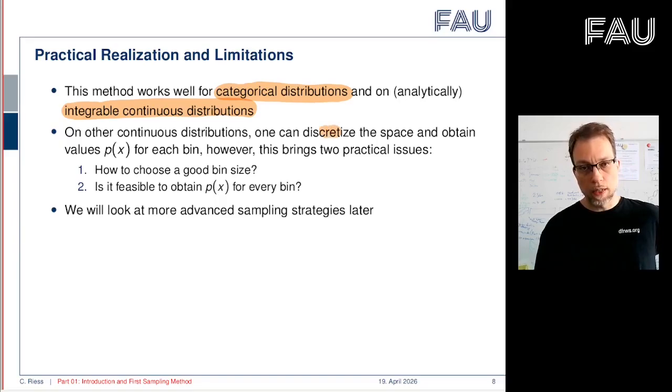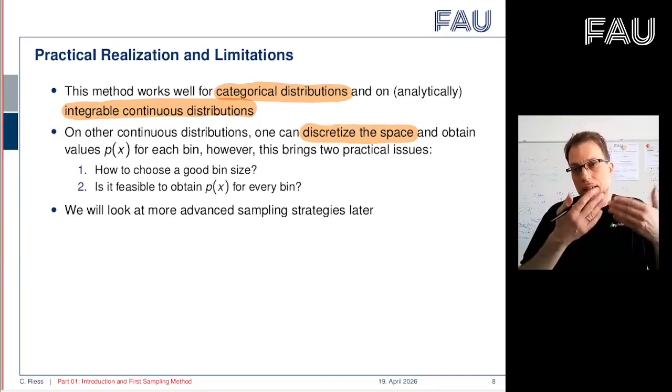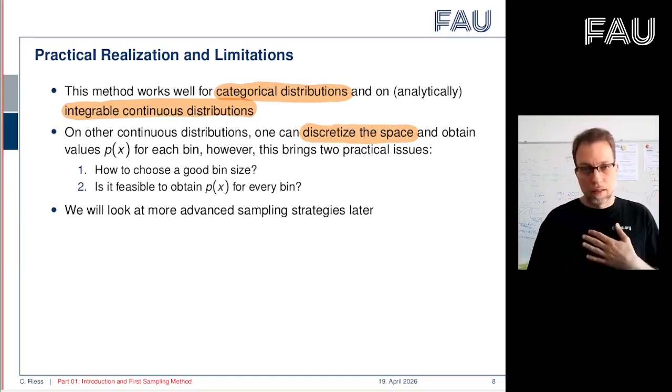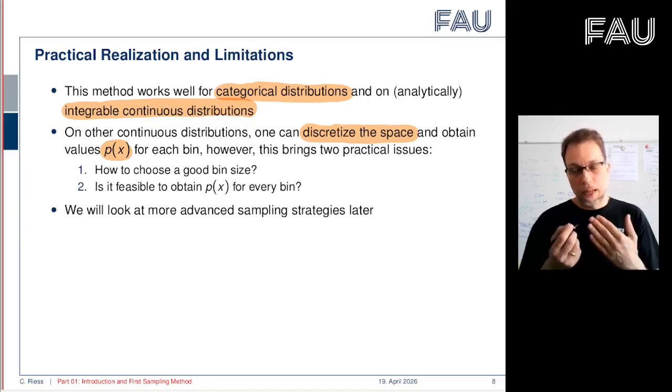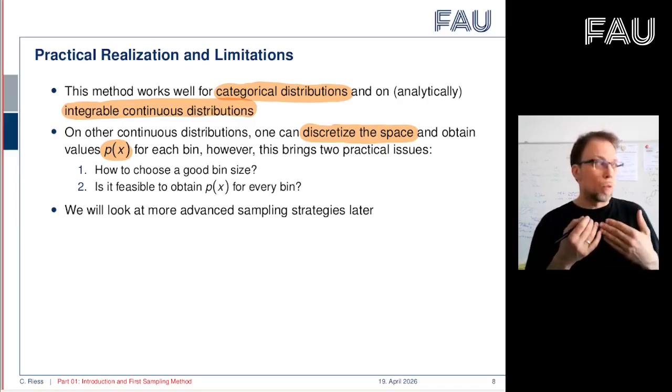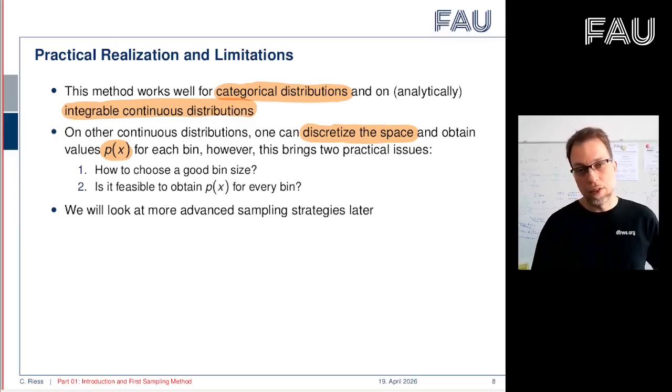So one thing is we somehow need to discretize the space, because we need to numerically integrate the PDF. And then we need to obtain these values P of x for each bin. And depending on how we have that density represented, this can be easier or harder.